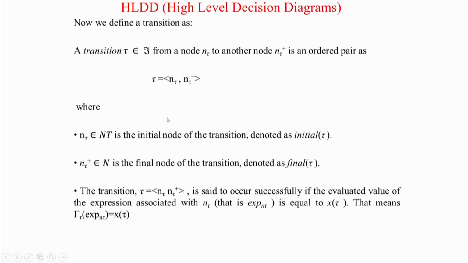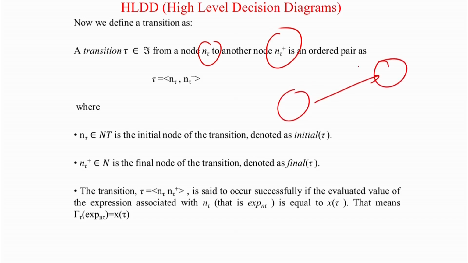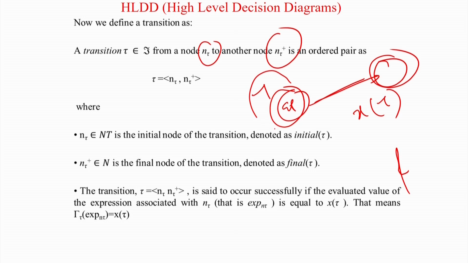So a transition basically from one node n tau to n tau plus is always from a non-terminal to a terminal, or a non-terminal to a non-terminal. So this is the initial tau, this is the final tau, and on each transition we have some expression. This is a function and there is a constant x of tau over here, that is what is being told. So this one will evaluate this, and if this one matches this constant, then the transition is going to fire.